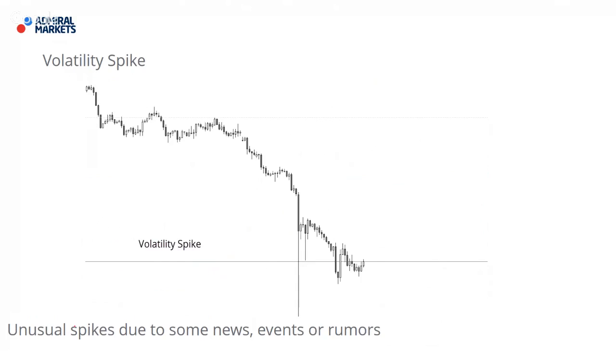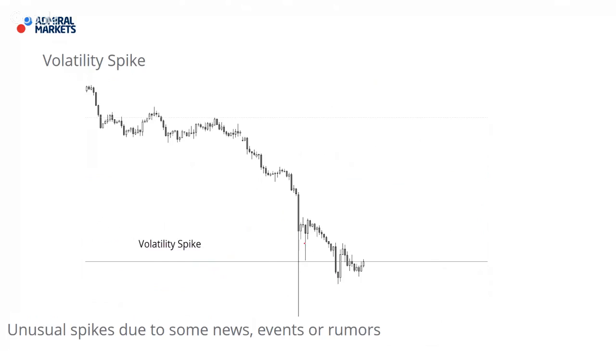Volatility spikes, those are unusual spikes due to some news, events, or rumors. Guys, this is very important for you to know and to see, because when this happens, this is a fake out. And a fake out can also be tradable.